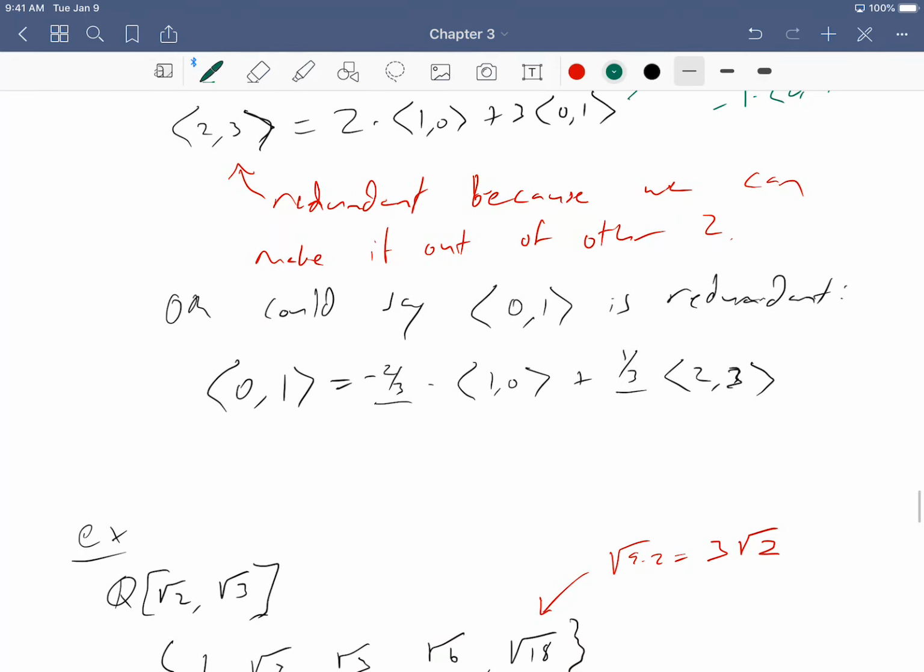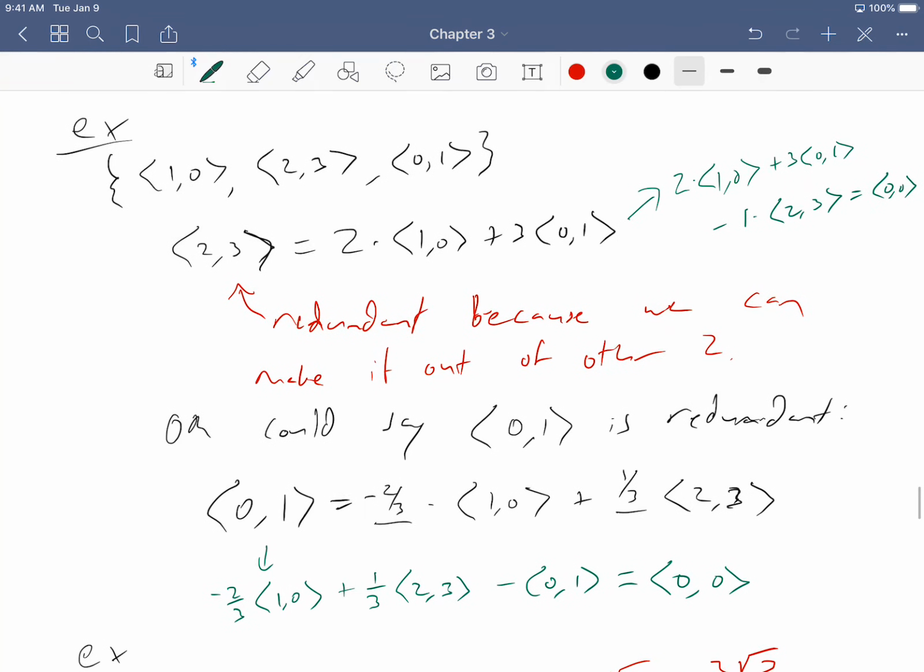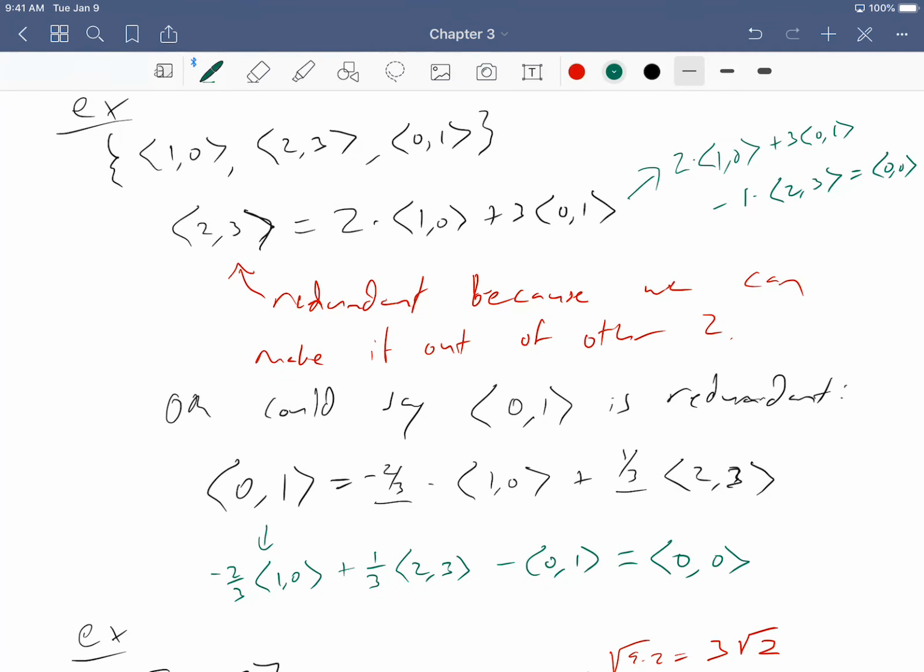I could rearrange this to be minus 2/3 times (1, 0), plus 1/3 times (2, 3), minus (0, 1) is (0, 0). So just by subtracting to the other side, I can write all of these equations as setting some linear combination of the three vectors equal to (0, 0). And if you look at those two things in green that I did, they're actually the same equation, right?